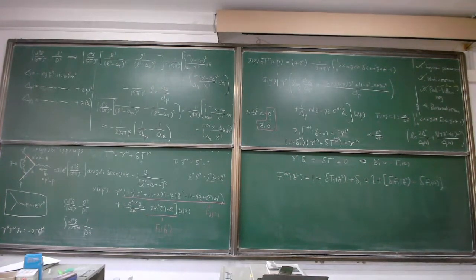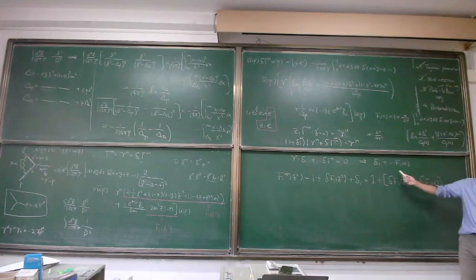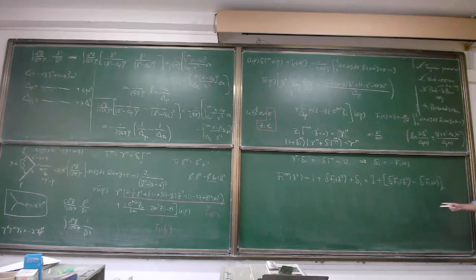So what we are interested in is the difference between delta F1 of q squared minus delta F1 of 0. So this is called renormalized.